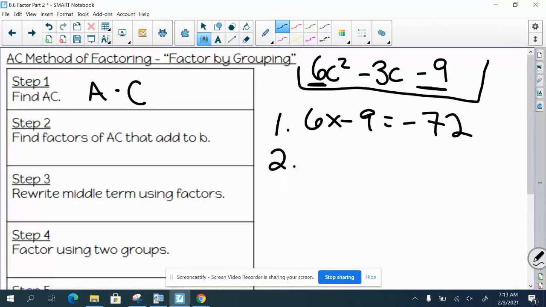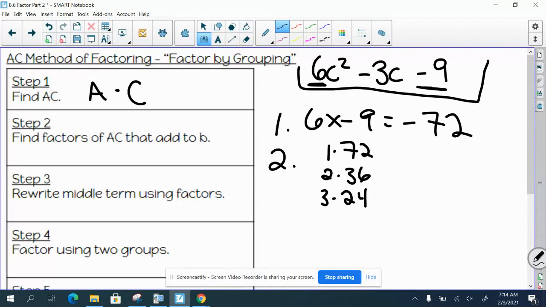Okay, the second step is to find factors, not factors of -9 that add to -3, but factors of -72 that add to -3. So let's find the factors of -72. There's 1 and 72, obviously, 2 and 36. That's not going to work. And I'm just going to do, on my calculator, I'm going to divide by the numbers. 72 is divisible by 3. That gives us 24.